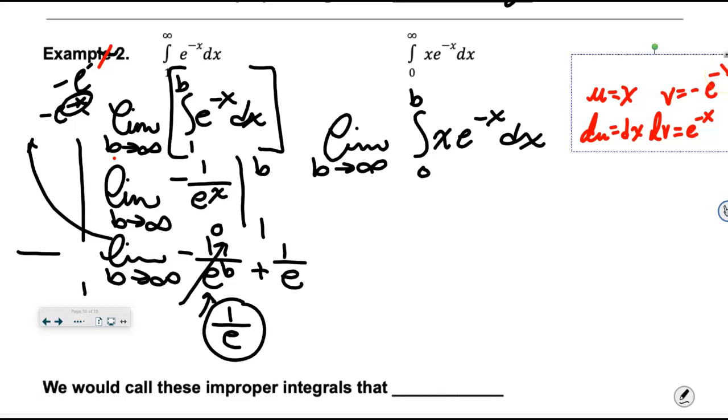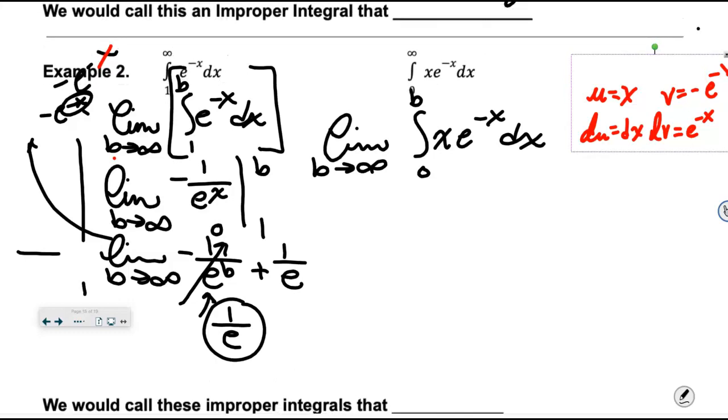So I'm setting up my by parts here. Oops, sorry if you're watching this video. I can't write that negative x up there. I'm going to still do it down here, actually. It goes uv, here's my uv, minus the integral of, and now I have to multiply these two, so that's going to become a plus.